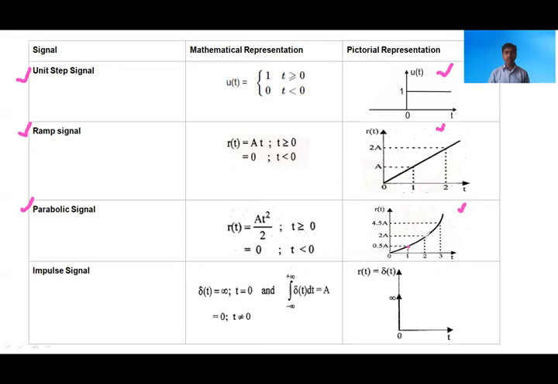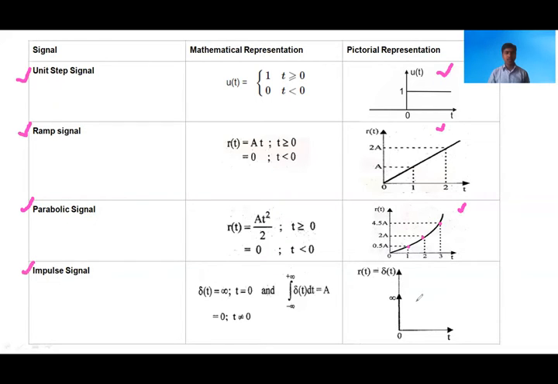When t is equal to 2, it is 2 square by 2, that is 4 by 2, that is 2 into A. Then for 3, it is 4.5 A. In a similar way, we can take some values, and you will get the curve like this. This is the parabolic signal.